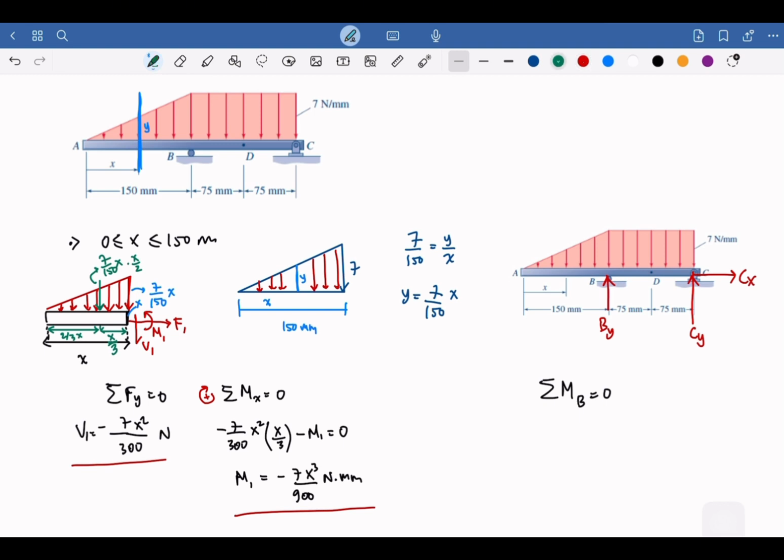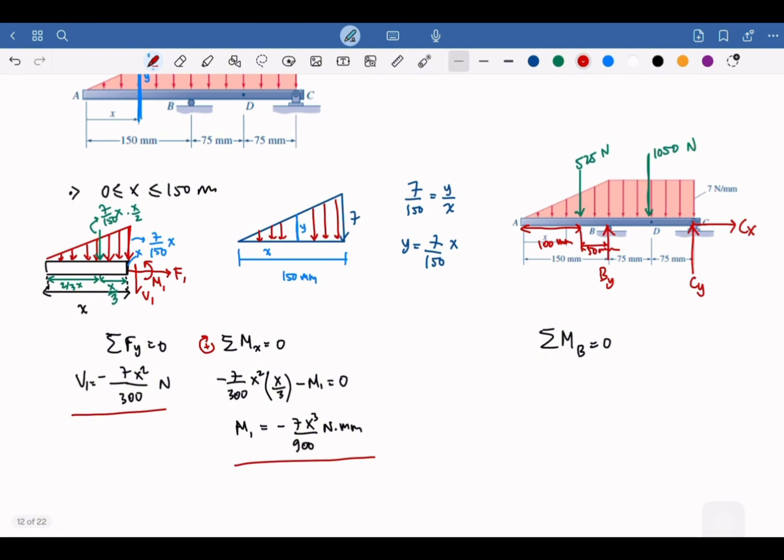And you can calculate using the 7 Newton per millimeter, with the distance 150 and another 150. So this will be exactly at the middle. This is 1050 Newton, and this will be 525 Newton. I think most of you got this one correct. This is going to be 100. This is 50.